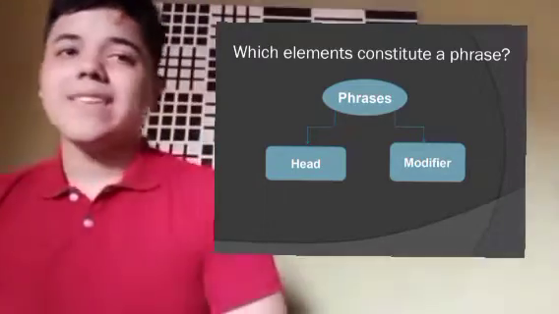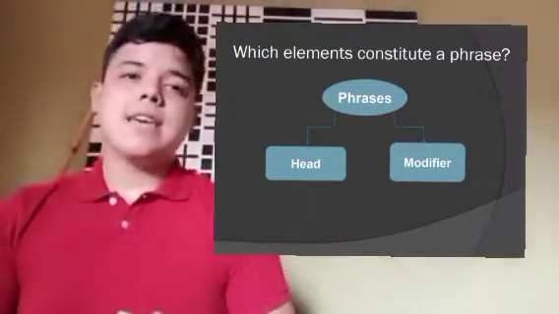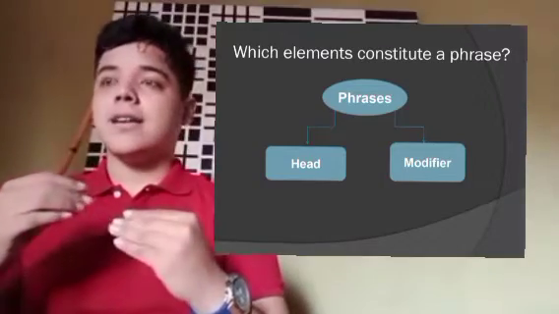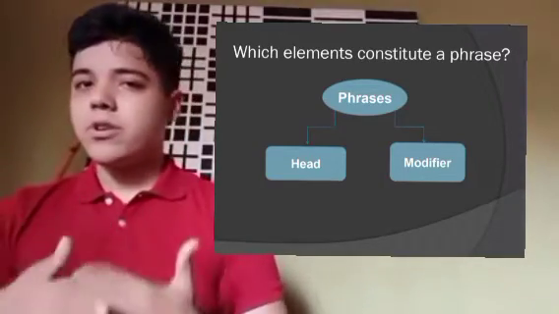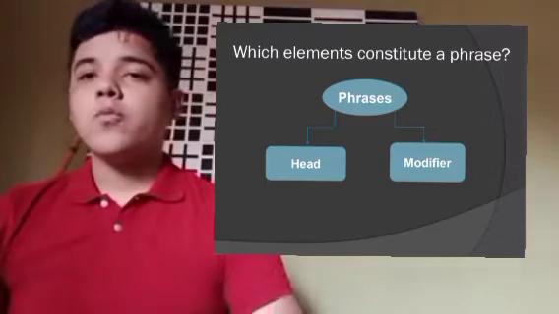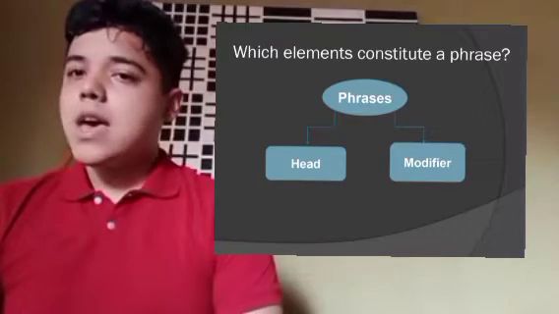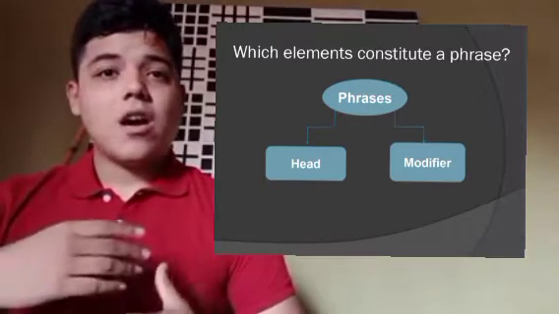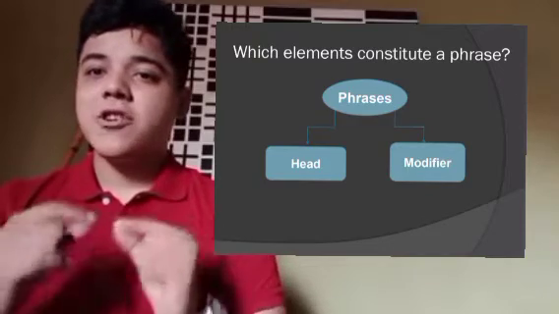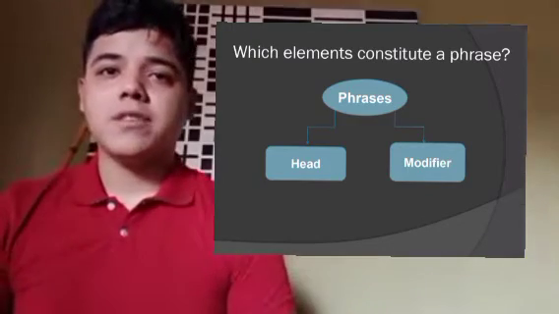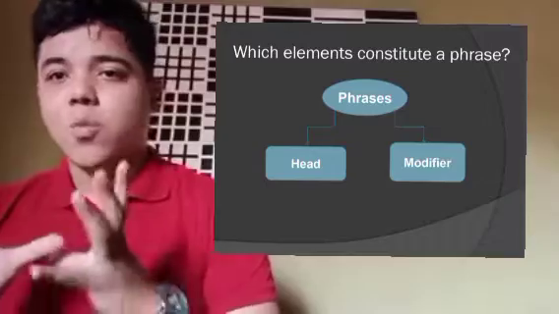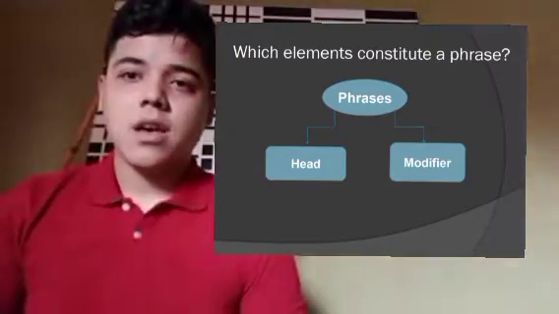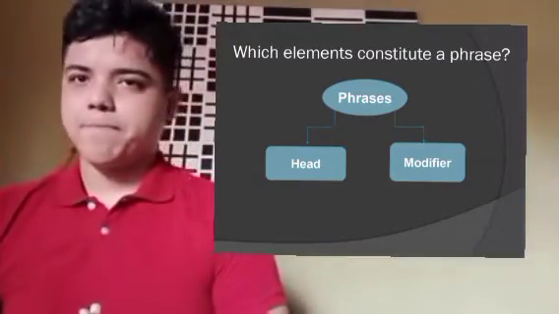So, we can say basically that a head is the thing or the person or whatever we're going to talk about, and that's determined by modifiers, how that thing works or is or is going to be.